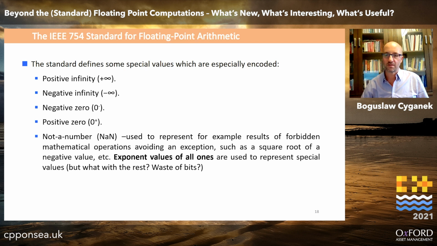This is quite interesting in the light of what we will be talking about, new formats, because of this special bit assignment to represent not a number. What is not a number is, for example, the value of the square root of a negative argument. So exponent values of all ones represent this not a number. But what about the rest of the bits?